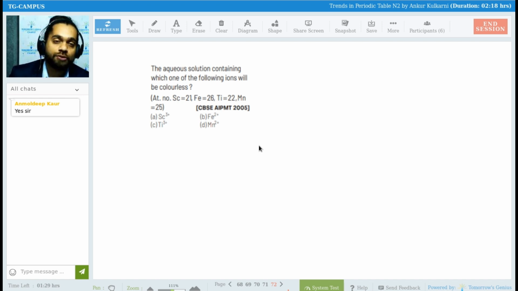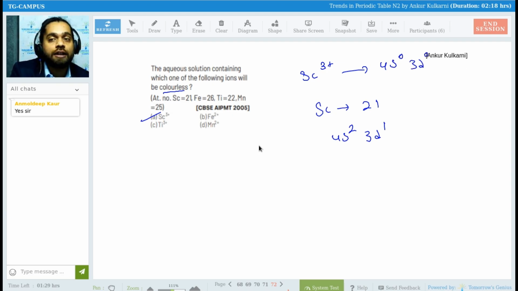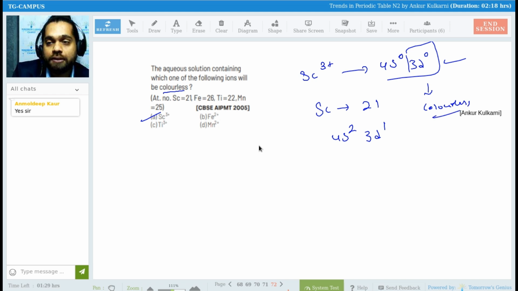You need unpaired electrons for color. So for colorless, if you do not have any unpaired electron, it is colorless. Yes, scandium. Scandium atomic number is 21. So if I write down the electronic configuration, 4s2 3d1, if it is plus 3, that means 4s0 3d0. And just now we have seen 3d0 is colorless. Is it clear? Sarjana, Anmoldeep, Prashanti, Sindhuja? Yes, very easy, very scoring. Do not lose marks in this.